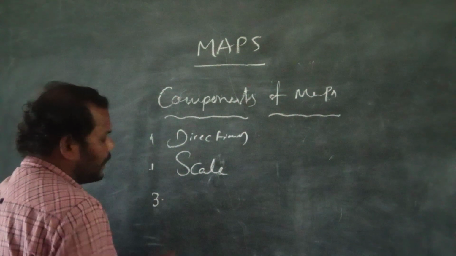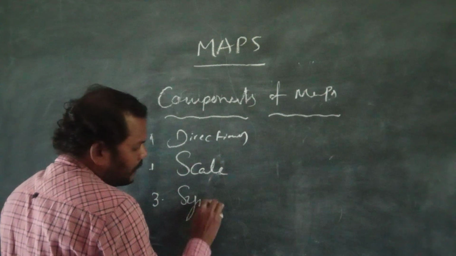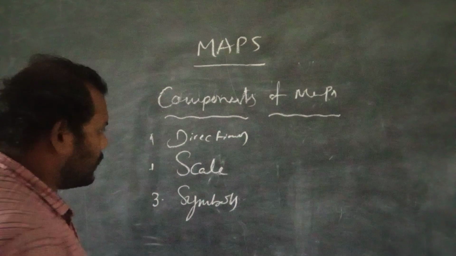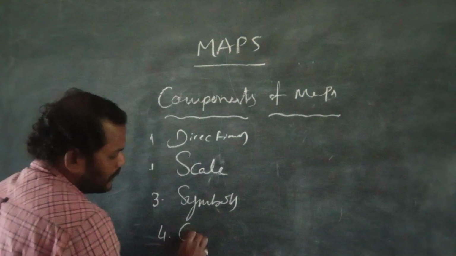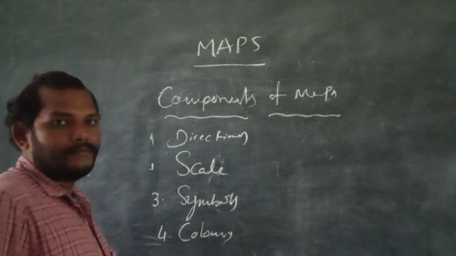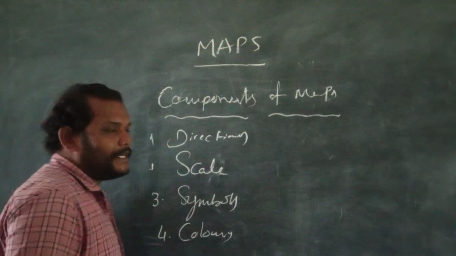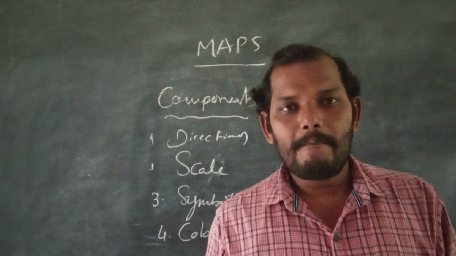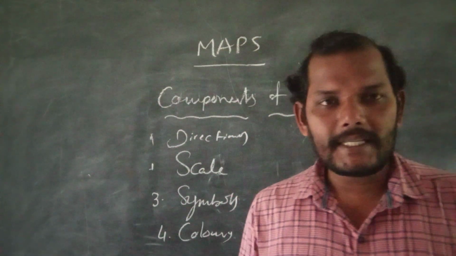Third one is symbols. And fourth one is colors. These are the major components of the map.